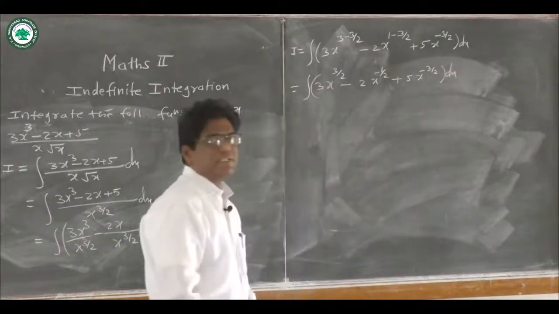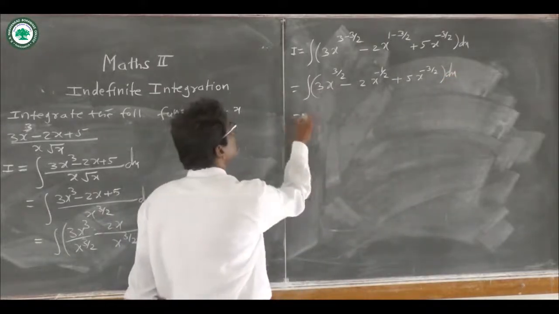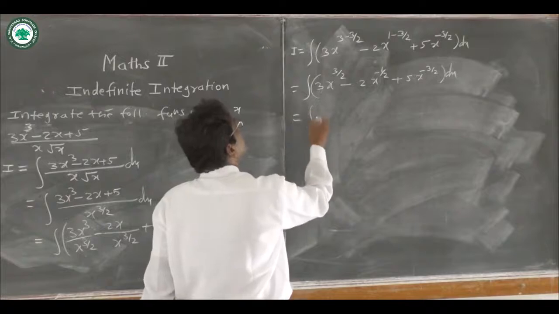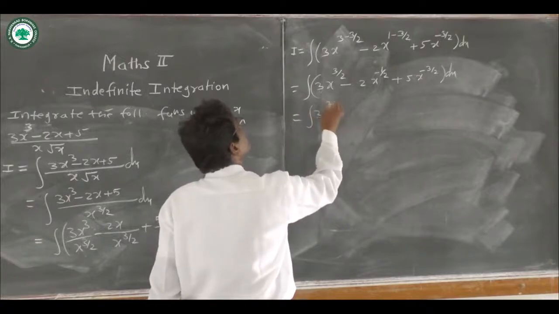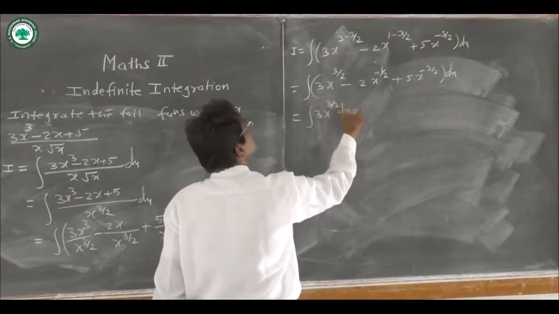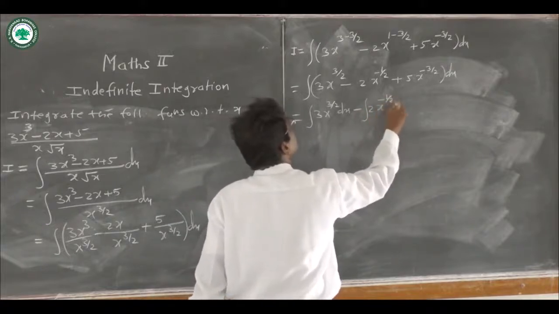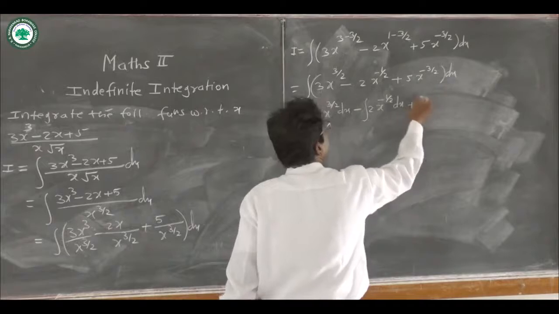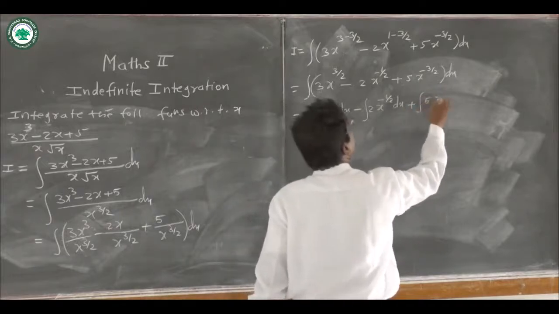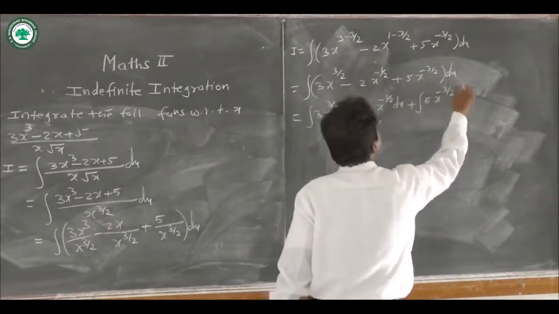Now take here a separate integration, so this is equal to integration of 3x to the power 3 by 2 dx minus integration of 2x to the power minus 1/2 dx plus integration of 5x to the power minus 3 by 2 dx.